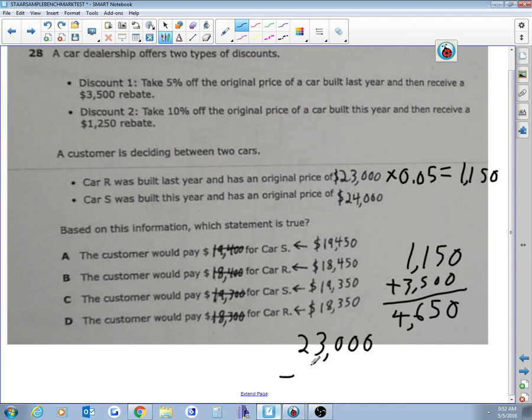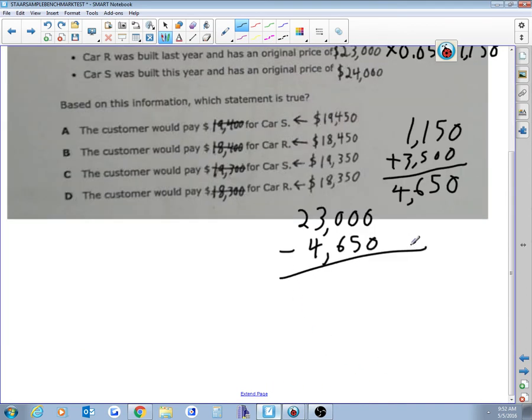So a discount you're going to subtract, minus $4,650, and that's going to give us $18,350. So car R is going to cost, after the discounts, $18,350. Car R, $18,350. It is D.